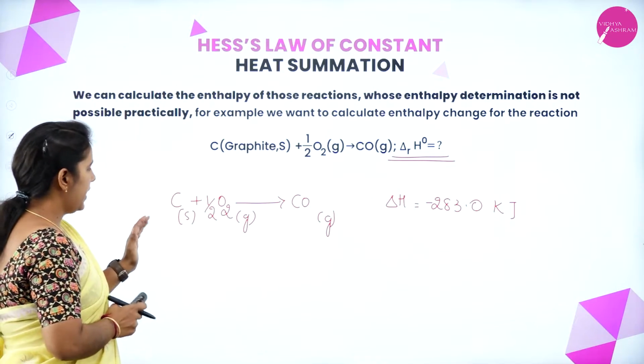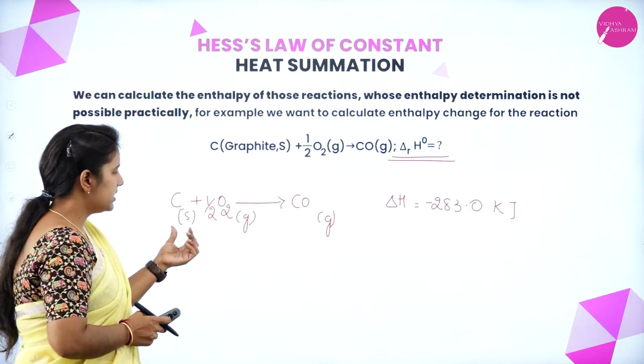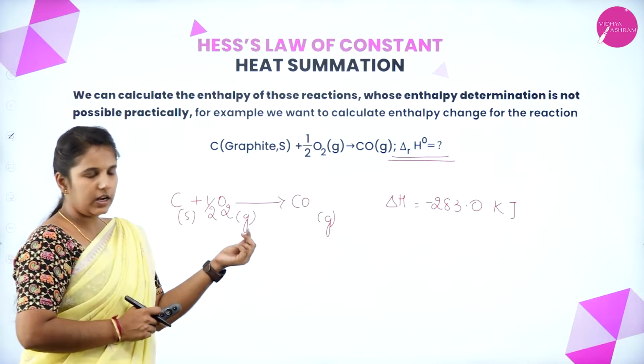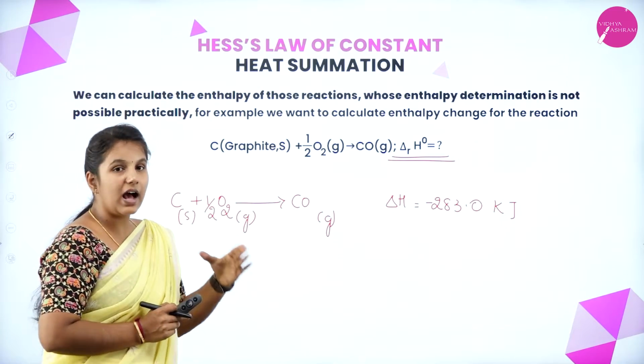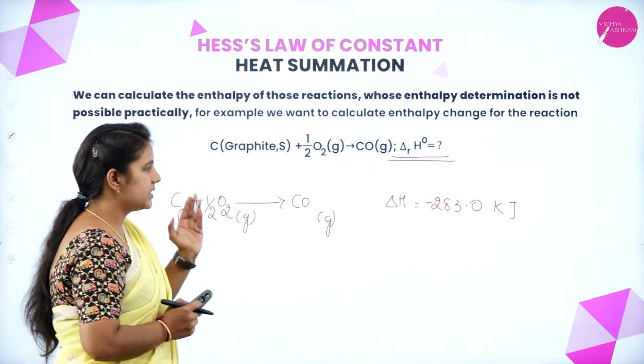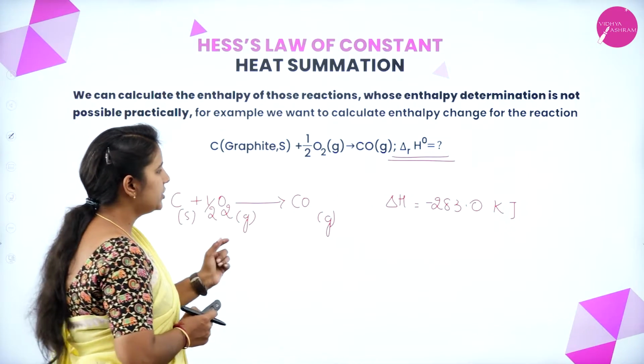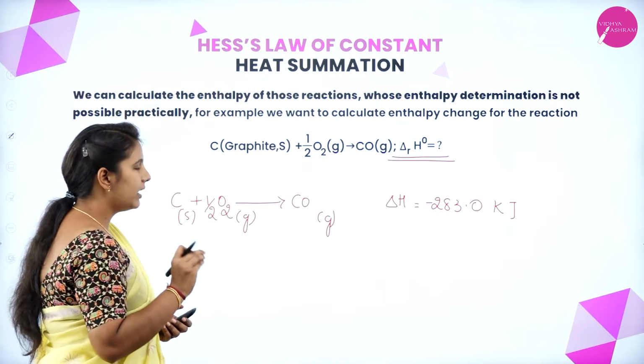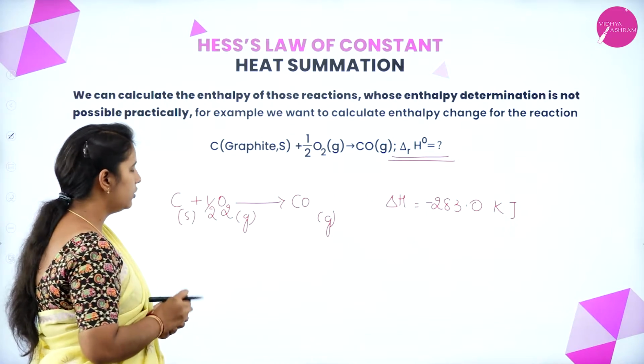I have written a reaction where carbon in the solid state reacts with atmospheric oxygen and gives rise to carbon monoxide, which is a gas. The change in enthalpy for this reaction is minus 283.0 kilojoules.